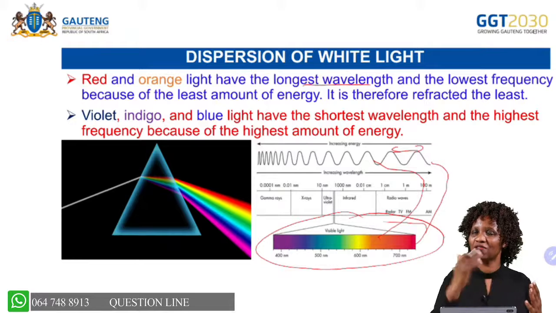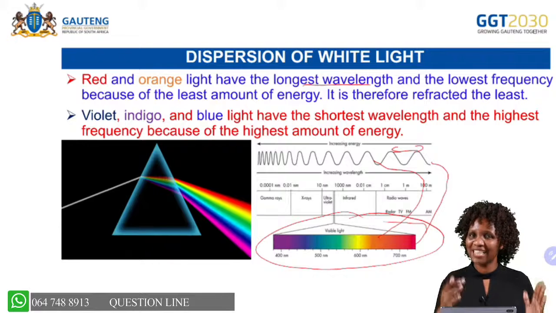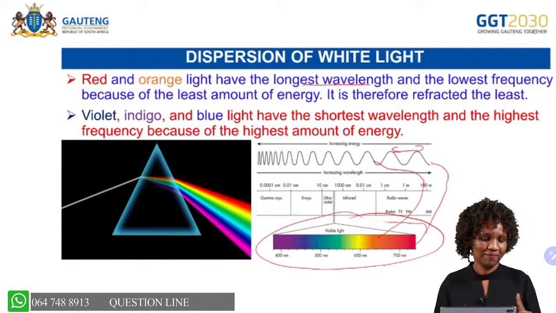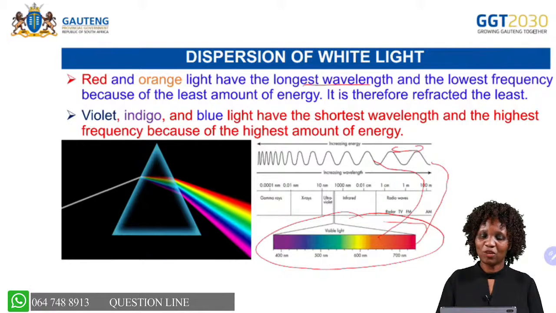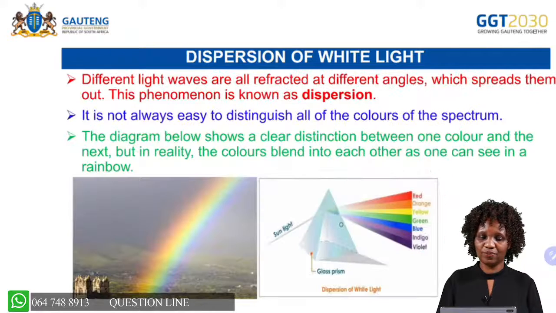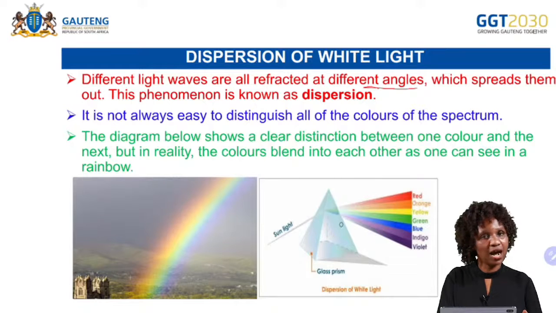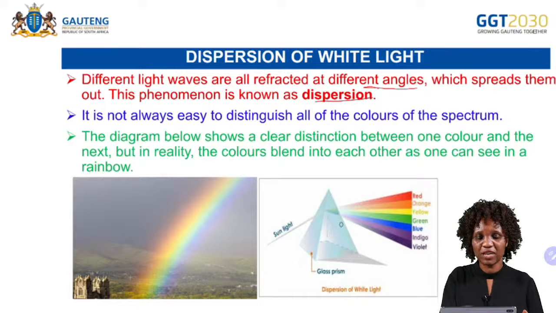It is because of the number of waves that will pass at a certain point at a given time. Okay, this is interesting. All right, let's continue. Different light waves are all refracted at different angles, which spreads them out. This phenomenon is called dispersion.